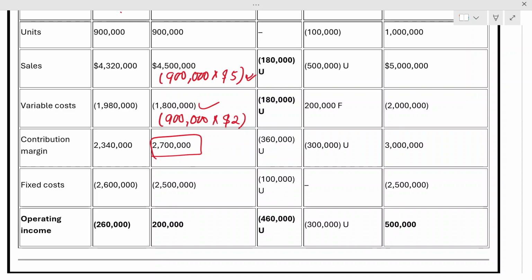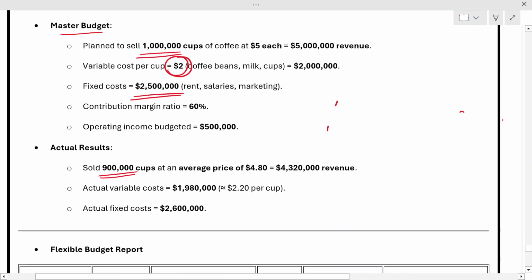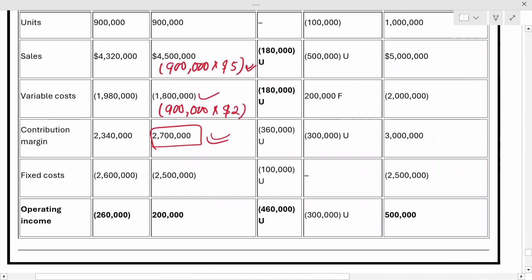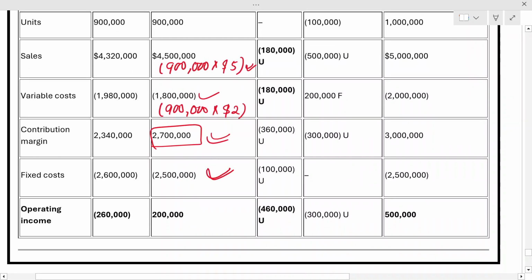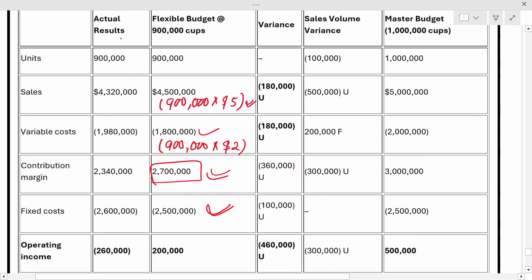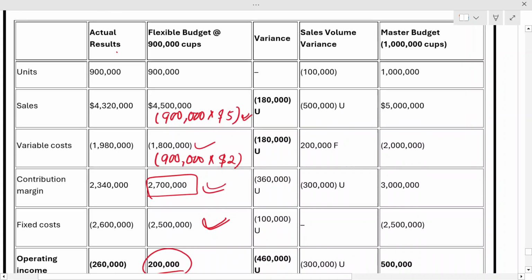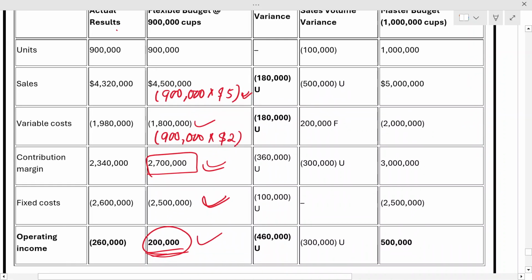This gives us the contribution margin of 2.7 million, and we say what would have been our fixed cost, which is in our master budget. Now, fixed cost is fixed irrespective of number of units, so we are not focusing on units here, and that finally gives us the operating income of $200,000 here.